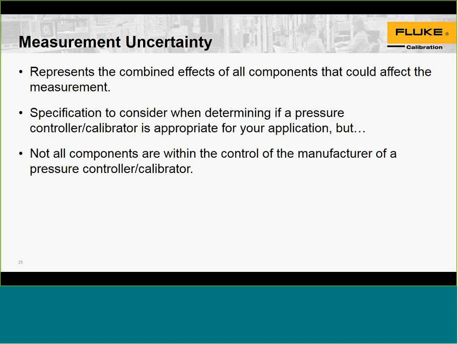So overall, uncertainty is the combined effects of all components that could affect the measurement. For a pressure controller, there's precision, stability, reference used, and temperature effects. These are within the control of the manufacturer of a pressure controller, but industry expects the manufacturers of pressure controllers and sensors to provide a bit of measurement uncertainty for the product.